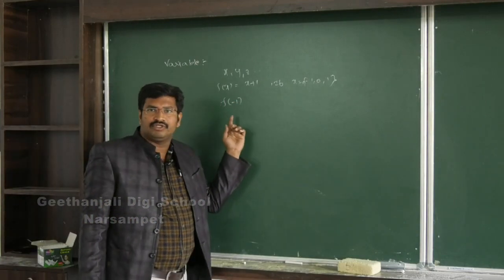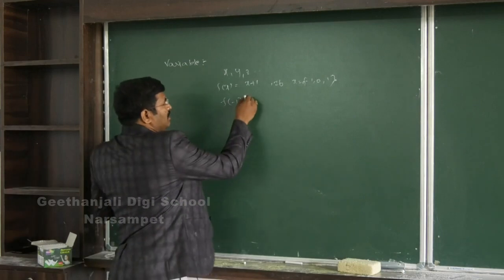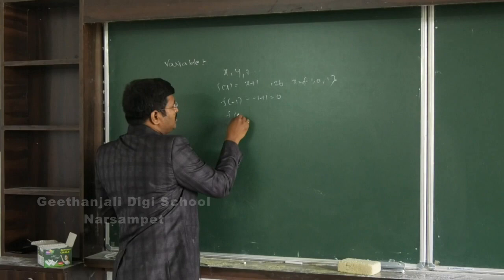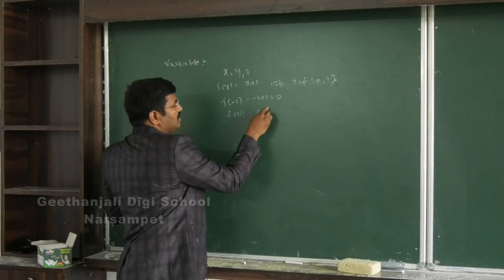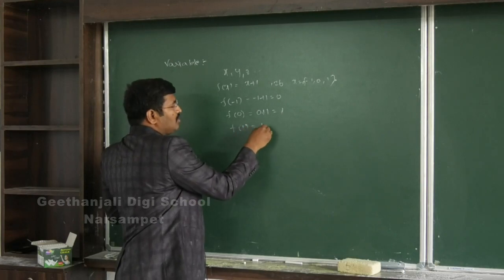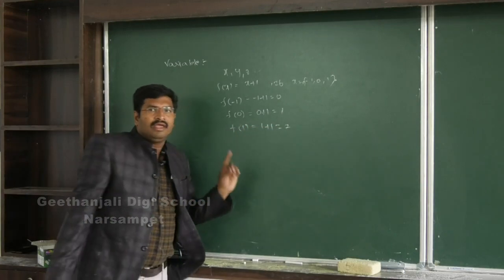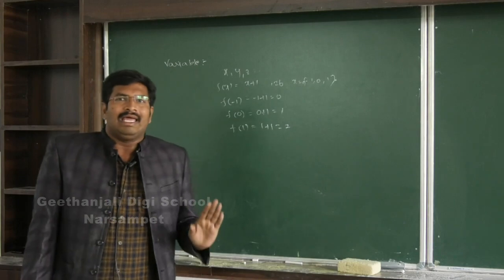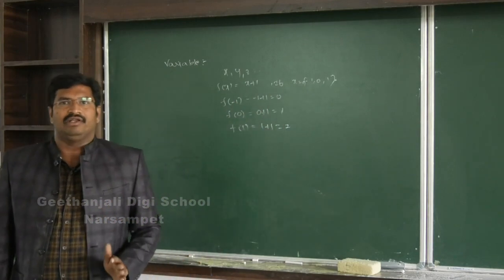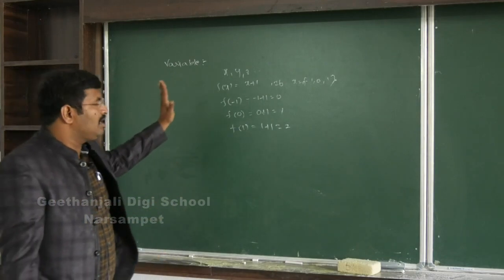Instead of x we substituted minus 1, then minus 1 plus 1 is 0. Then f of 0 is equal to 0 plus 1, that is equal to 1. f of 1 is equal to 1 plus 1, that is equal to 2. If you observe this example, instead of x we are taking various numerical values. That is nothing but a variable.